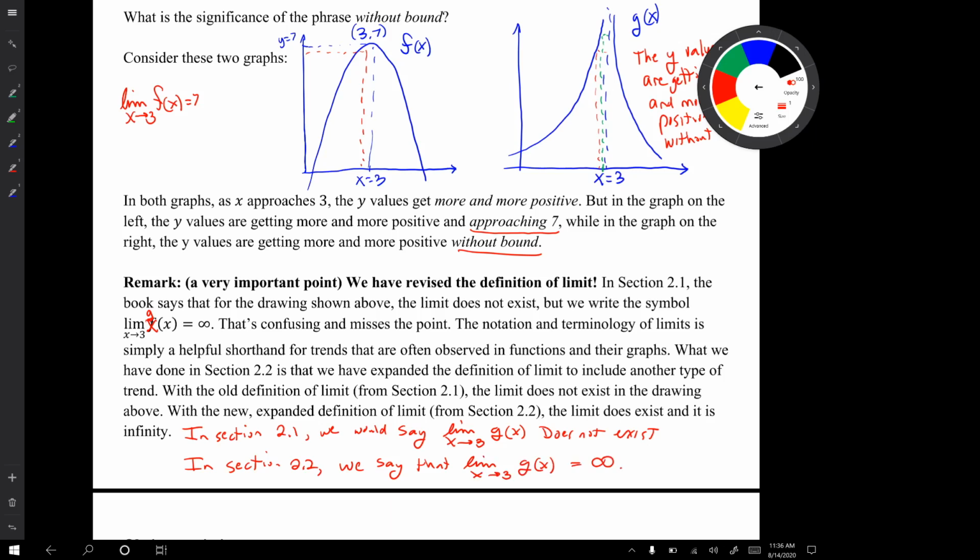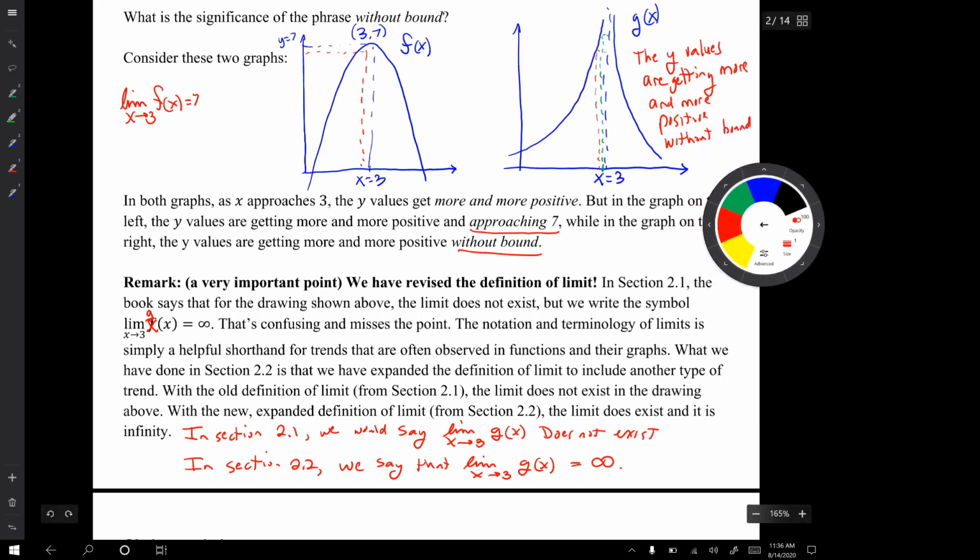Now, the book says some confusing stuff. They use this symbol to describe the behavior of the graph of g of x, but in words, they still say that the limit does not exist. I find that very confusing, and it's not really capturing the spirit of what we are doing. We are revising the definition of limit. We're kind of enlarging the kinds of things that we can describe using the terminology and notation of limits.